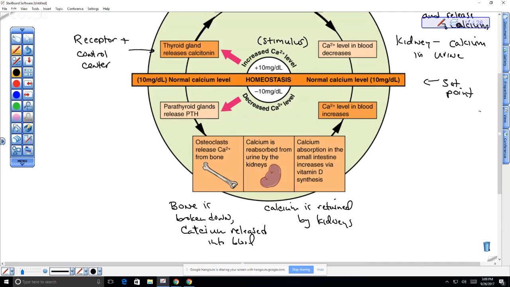So if you look at your sheet of paper, what's it called if your calcium levels are too low? What's the term used? You might have to look on the first part of that page. Hypocalcemia, right? So this is hypo.